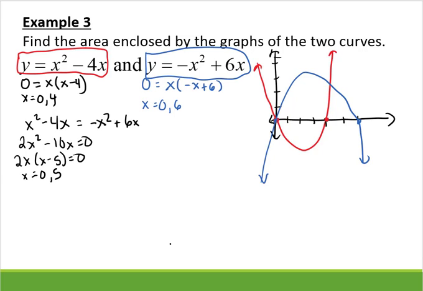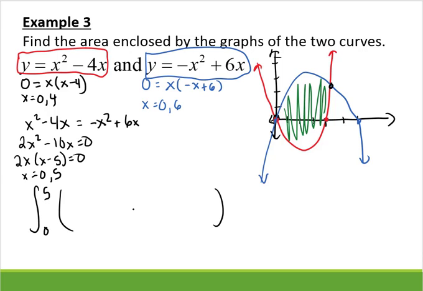That's hard to see. So I'm finding the area of this shaded region. So I do the integral from 0 to 5 of your big Y minus your little y with respect to x.